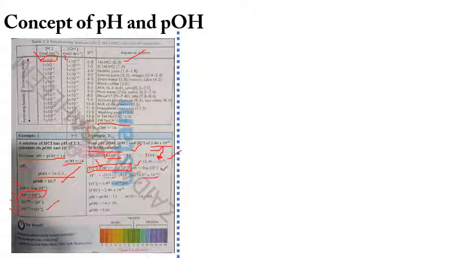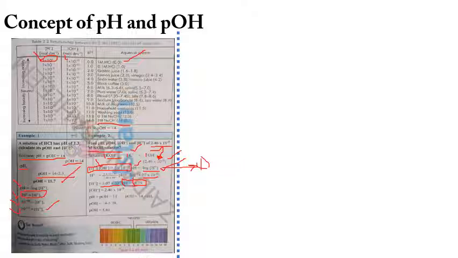When we put this value into this equation, H plus ion will be 4.07 into 10 power minus 6, and the pH is 5.39. How did I get this value?